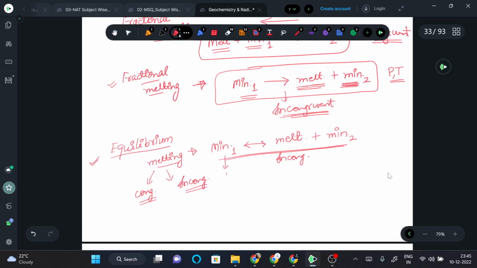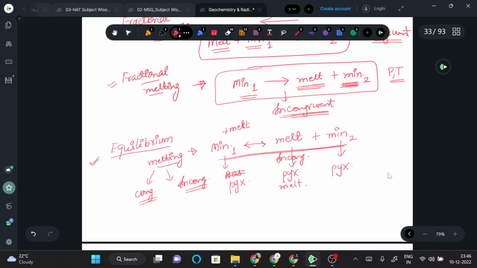Let's say this was basaltic magma. Not okay, it is only mineral. So mineral 1, let's say it is pyroxene. After melting it will have some melt containing pyroxene. It can also produce some mineral out of it which will have pyroxene along with some other things, because in this equilibrium melting we also write melt 2.